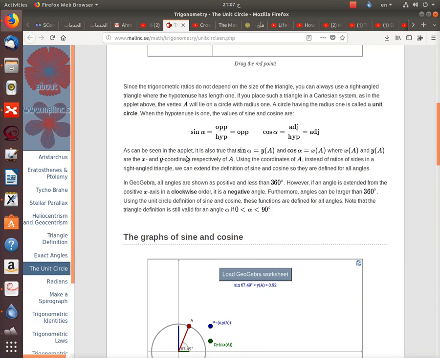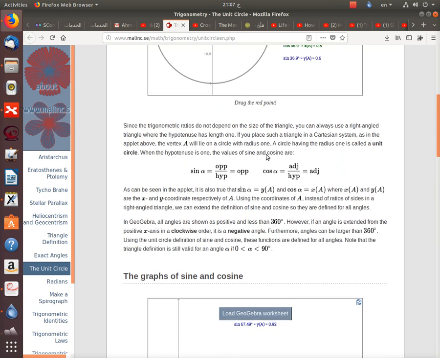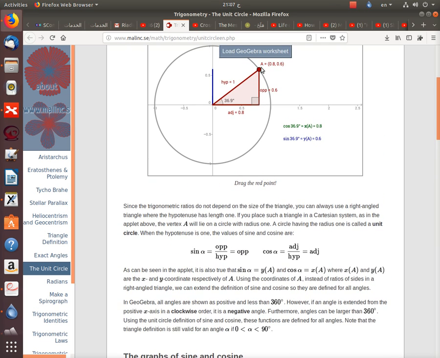As can be seen, in the applet, the sine of this angle equals the function of A. As you can see here, the function of A here is 0.8 and 0.6.